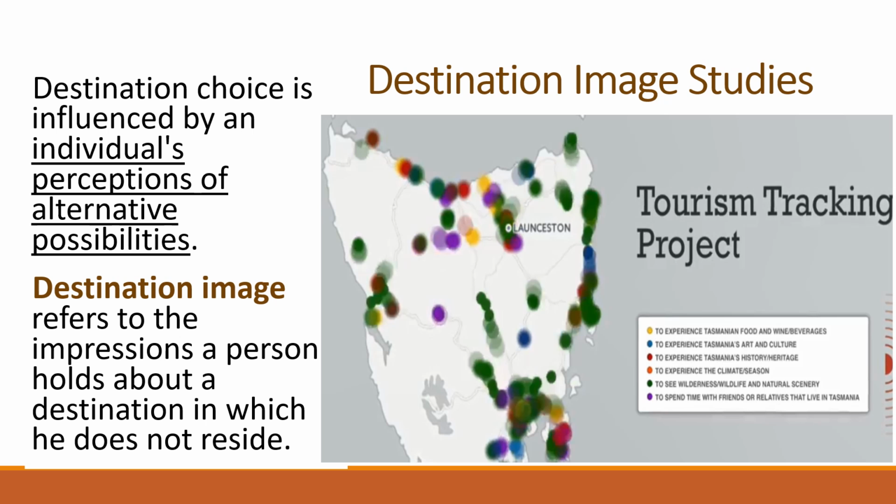Do you go to a particular place to experience food and beverages, or do you go to a particular place to visit with friends and relatives, or to see wildlife? This kind of information is particularly valuable because if you know what people are looking for on their trip, then you can find those elements of a destination and direct them to those particular locations that satisfy what they're looking for.